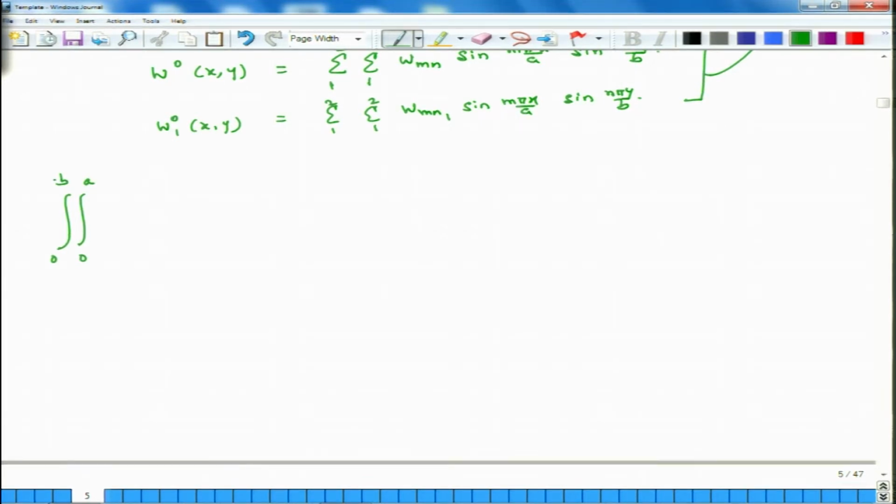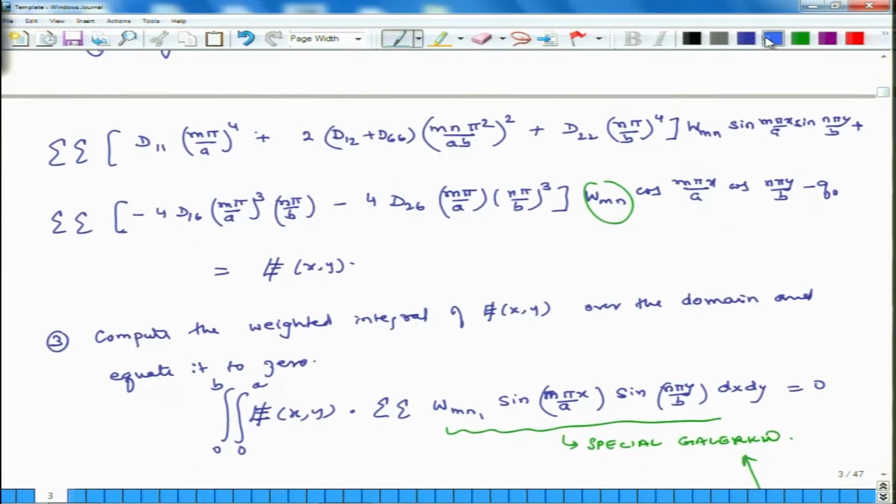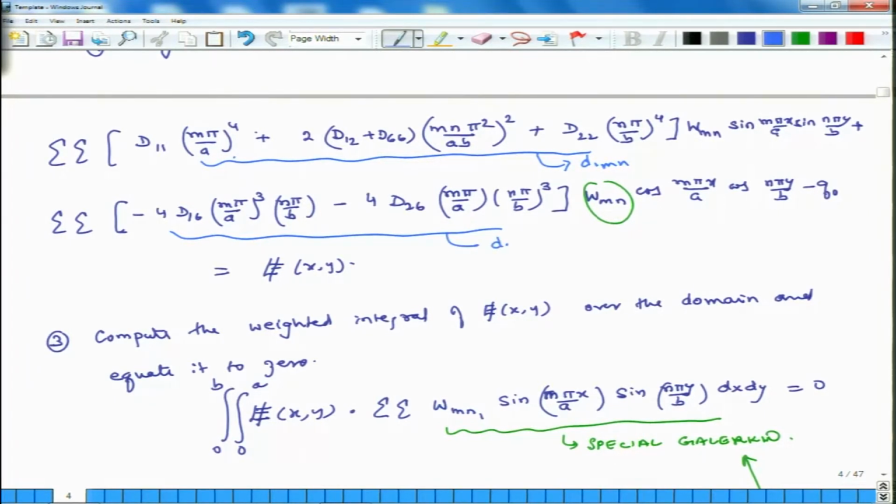To make things a little simpler, we will call this entire thing D1 mn, and we will call this D2 mn. This entire thing in the bracket, because this is a very long expression.